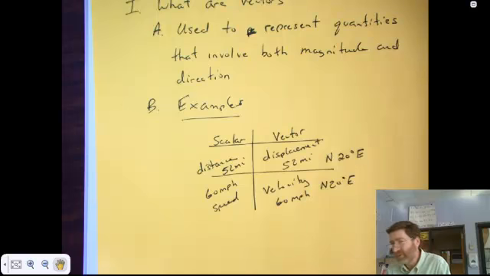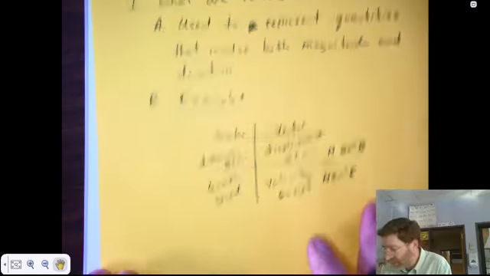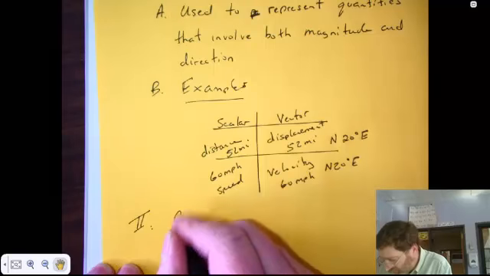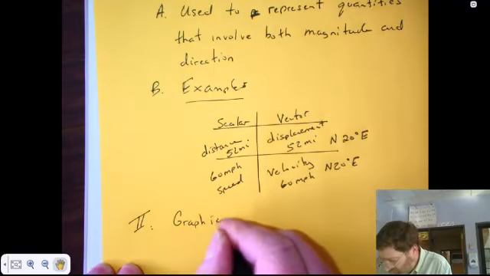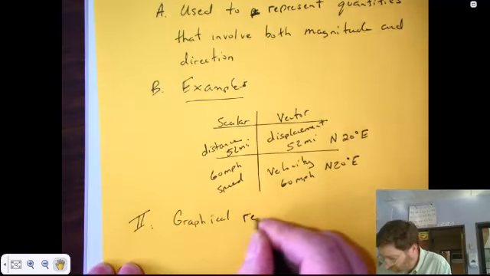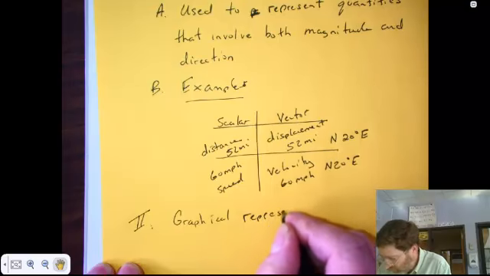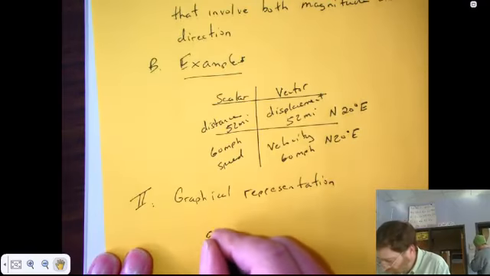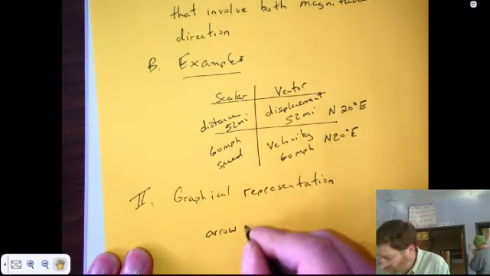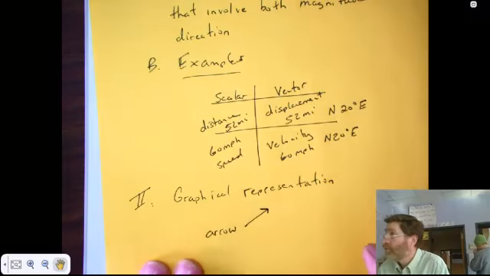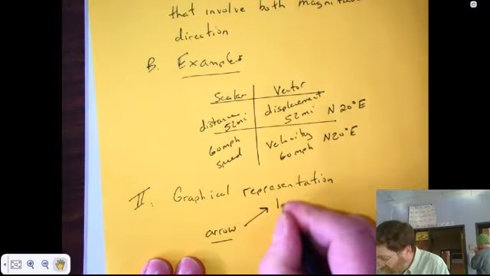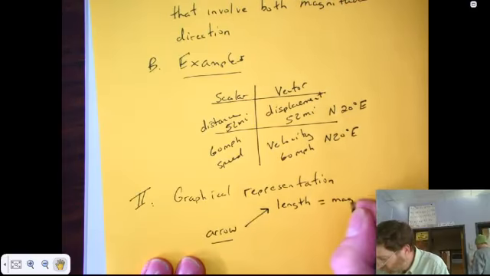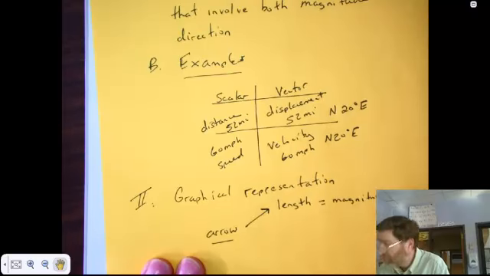So, how do we represent these? Well, the graphical way is just to use an arrow. So when we do an arrow, the length of it corresponds to the magnitude. Right?